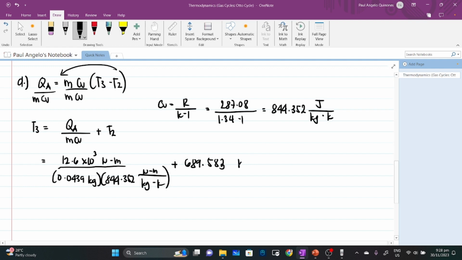Okay, so this is in Kelvin. So cancel everything. We will have T sub 3 equal to, so let's plug it in our calculator.